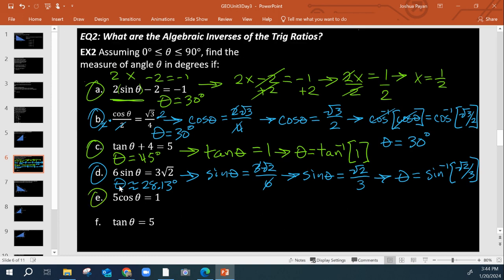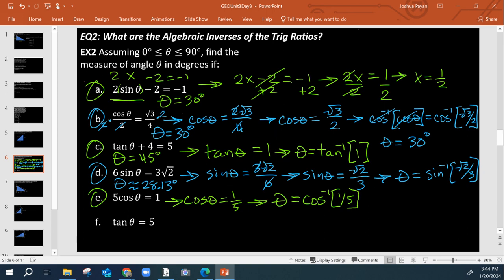Okay, so here all we're going to have to do is divide by 5 on both sides, right? Because we're trying to get the trig function by itself. The thing making it not be by itself is the multiplication by 5, right? So we just divide by 5 on both sides, and we have cosine theta is equal to 1 over 5. Then we do the arc cosine on both sides. So theta is simply equal to the arc cosine of 1/5.